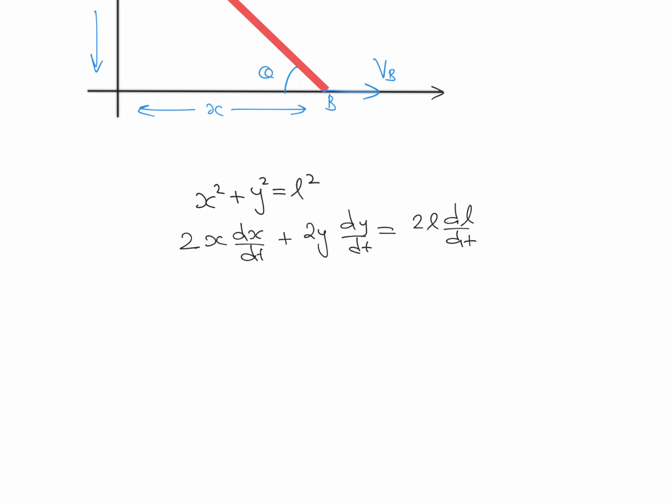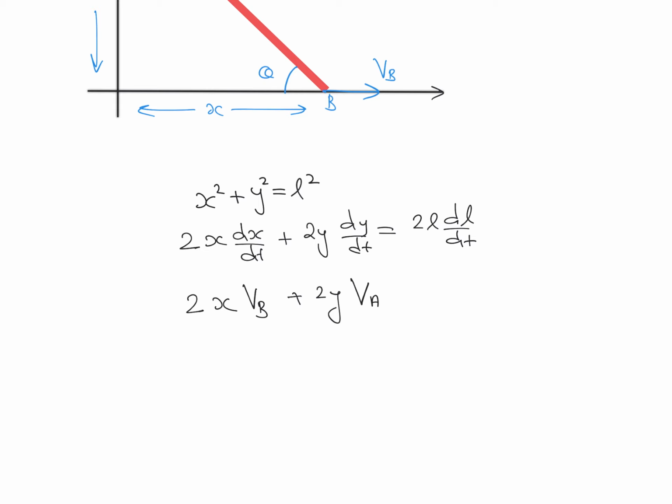Now 2 into x into dx by dt represents the velocity of point B, because it is the rate at which the value of distance x is varying. So this we can take as the velocity of point B, plus 2 into y into dy by dt, which represents the rate of change of y, which is nothing but the velocity of point A. So we can write this as VA.